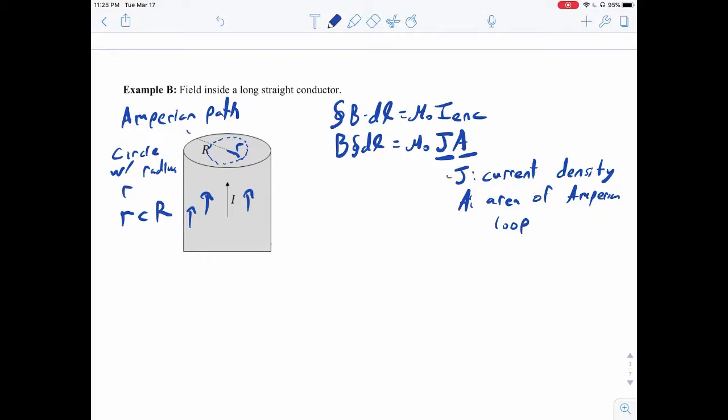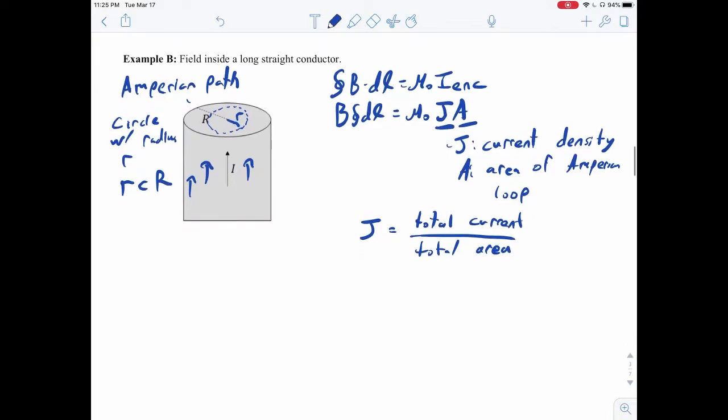The current density here, that's based on the entire wire. So J is going to be the total current of the wire over the total cross-sectional area. And then A, that's only the area of our Amperian loop.